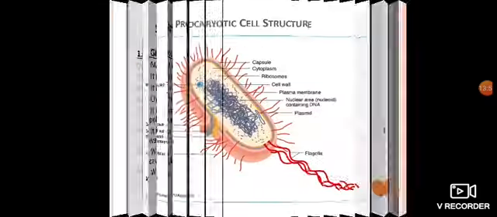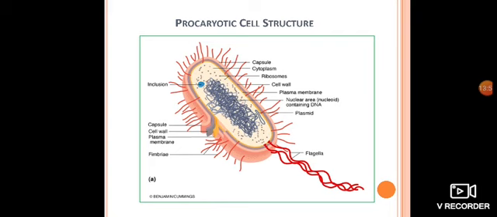Up till now we have been considering the prokaryotic cell. The prokaryotic cell has all those parts, but they are not as specific as in the eukaryotic cell. Now we are considering bacteria, which are part of the prokaryotic cell.